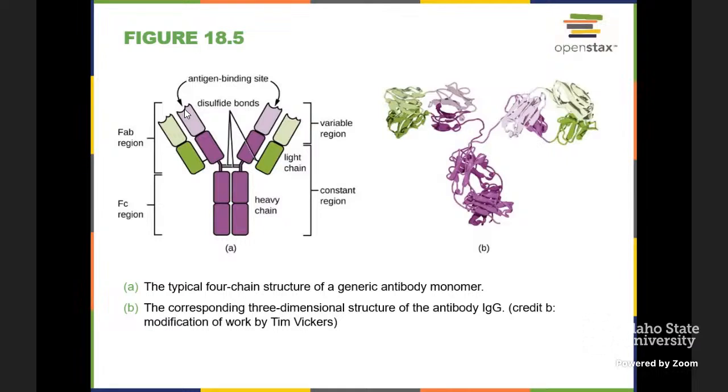So up at the top, the business end of the antibody. All right. Up at the top is this antigen binding site, FAB, for the antigen binding fragment or fragment antigen binding. And the crystallizable fragment, the FC region, that's the tail. All right.